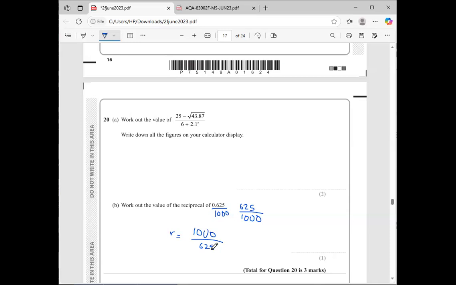Equals 1.6. Excellent. So the reciprocal is equal to 1.6.